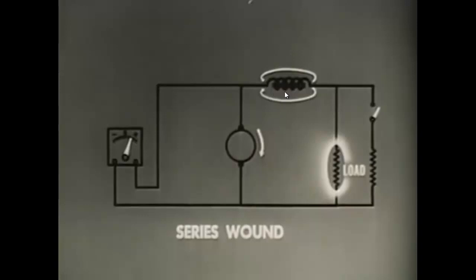If you have additional magnetic fields, say for example this armature coil here and this rotor coil over here, and they weren't opposing, but were in addition, adding together, then current still couldn't flow.